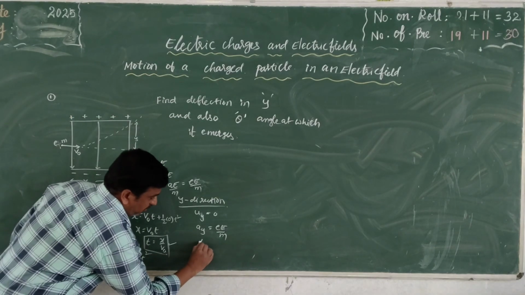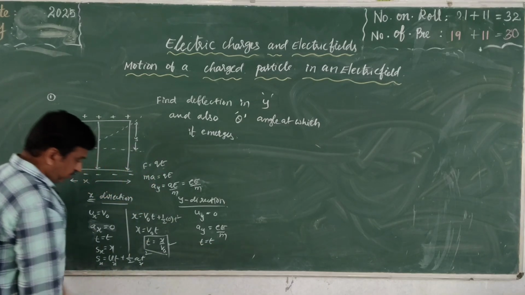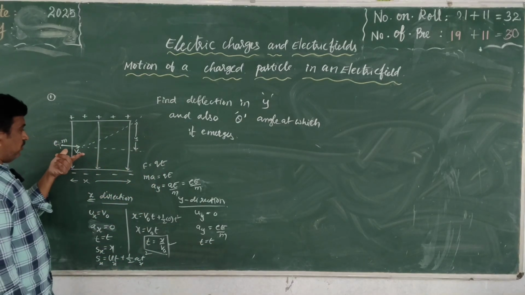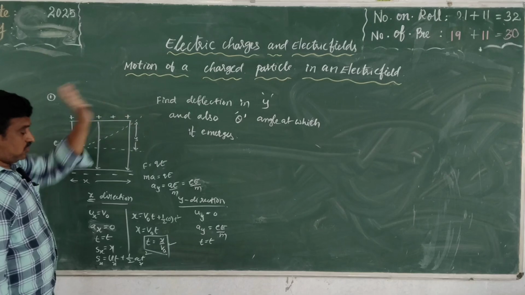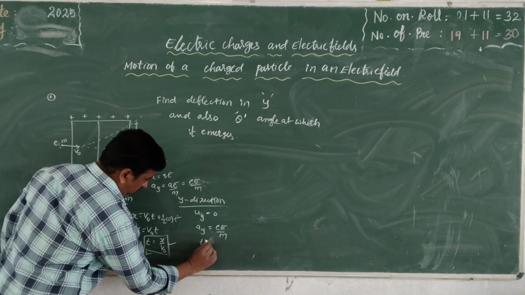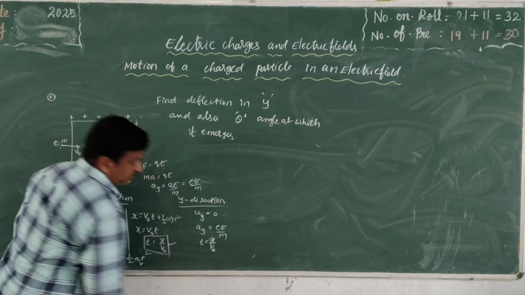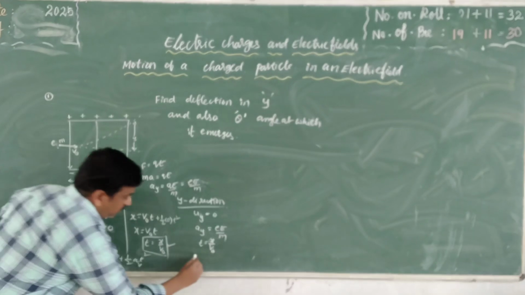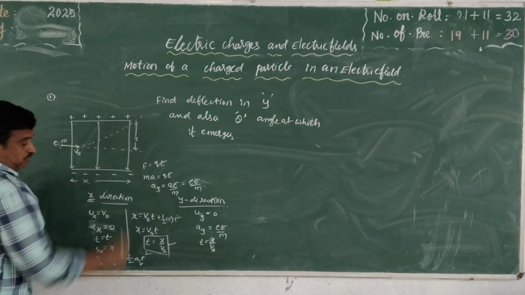The time t, the time taken from here to here, is the same, so the time is x by v naught. The displacement from here to here is the y deflection.